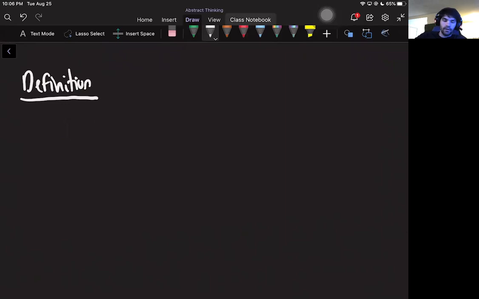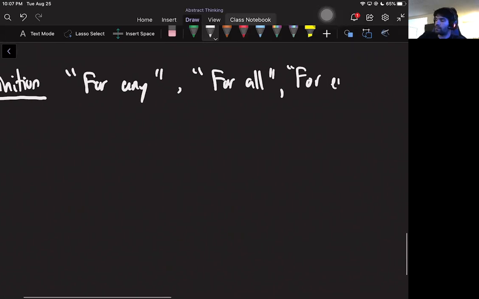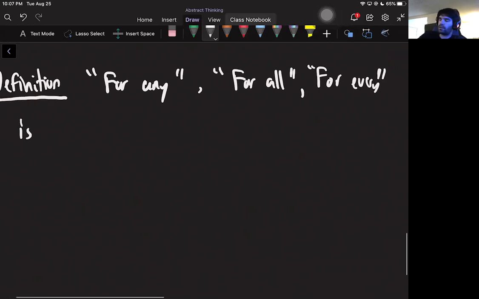So the phrase for any, or you could also call it for all, or for every, basically anything that sounds like this. These are all the same thing. It's called the universal quantifier.